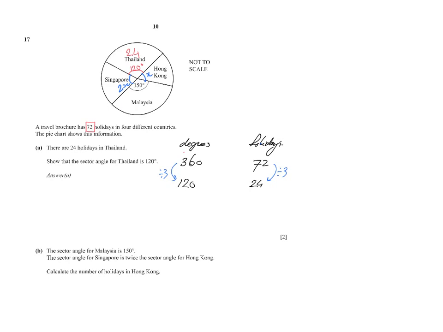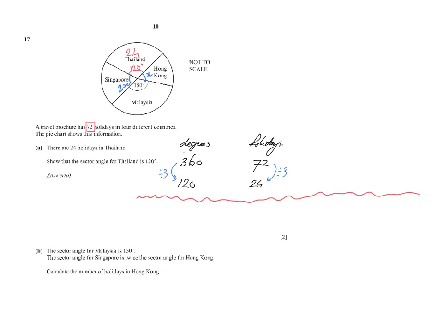So in order to do that, I first want to find out how many people actually go to Malaysia. There's a reason why they give me this information here. I've got to do something with it. So I'm going to find out how many people go to Malaysia, and then I'll know how many people are left to go to Hong Kong and Singapore. So 150 degrees.